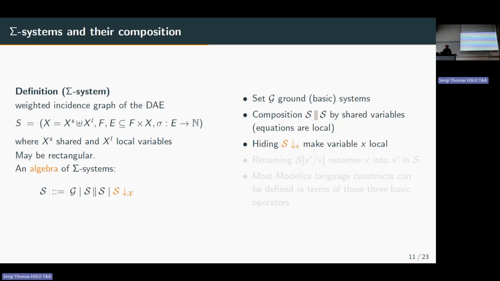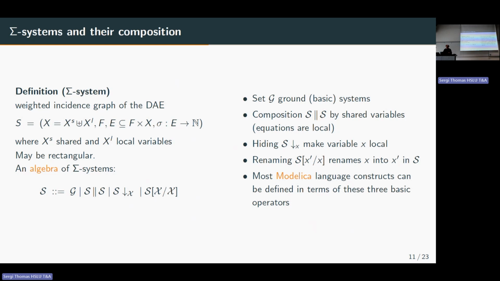Obviously, we have a hiding operator that simply consists in making a shared variable local. And we have a renaming operator that is just used to rename shared variables in order to be able to put together in a non-trivial way several instances of the same basic component.